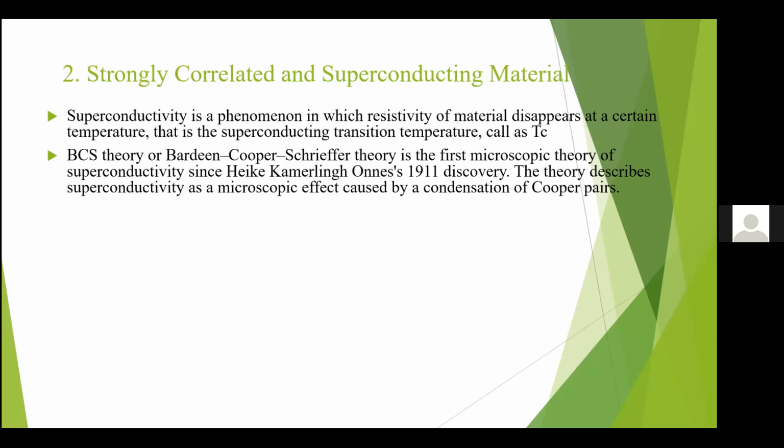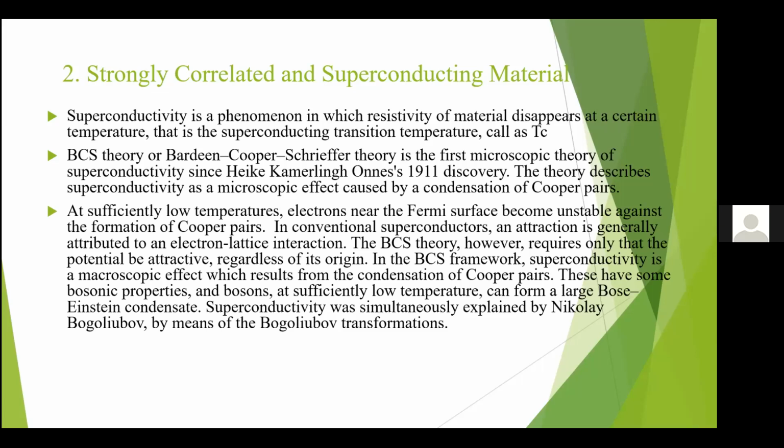The theory describes superconductivity as a microscopic effect caused by condensation of Cooper pairs. At a sufficiently low temperature, the electrons near the Fermi surface become unstable against the formation of Cooper pairs.